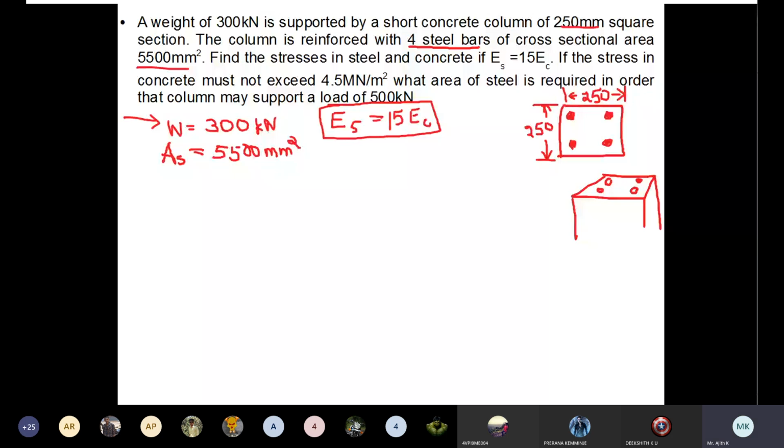Steel will carry the load. Concrete will hold the steel rod together. So this is given: ES is equal to 15 times EC. The stress in concrete should not exceed 4.5 meganewton per meter square. So stress in concrete, sigma C, I will write.